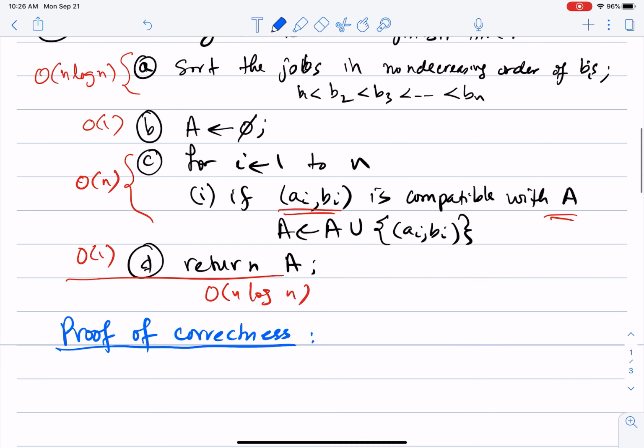You first say, let X be the solution returned by the greedy algorithm that we are trying to prove correct. And since we are trying to prove by contradiction, we say let Y be an optimal solution that's better than X. And then we proceed to modify Y to make it exactly like X, showing that we don't lose the optimality.